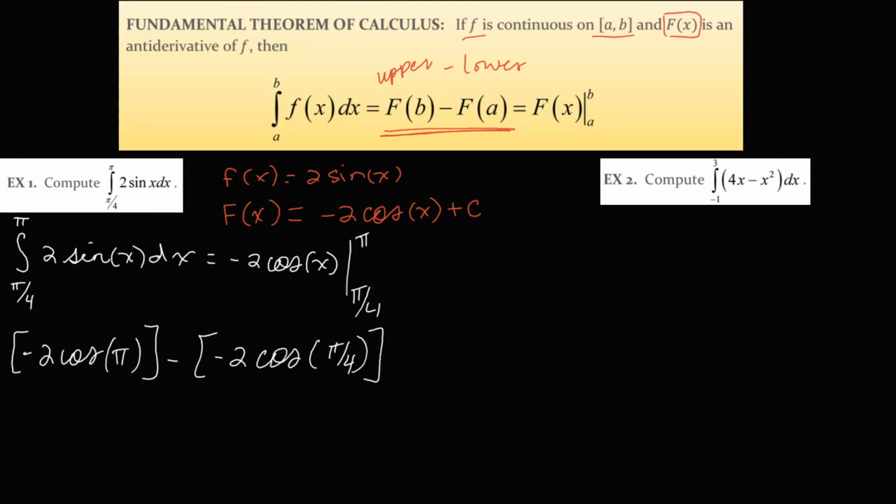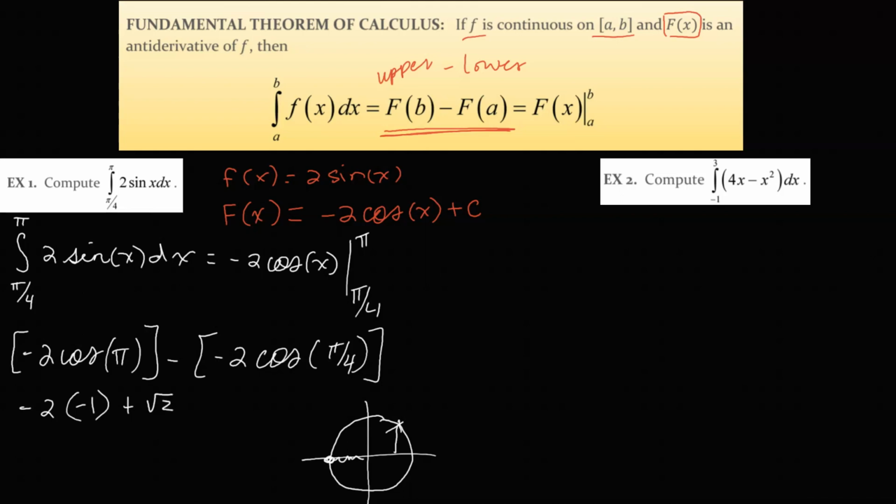So this would be negative 2 times cosine of pi. Pi is right here on the unit circle, and cosine is negative 1. Minus, it's going to be a plus, cosine of pi over 4. Pi over 4 is right here, and cosine would be root 2 over 2.